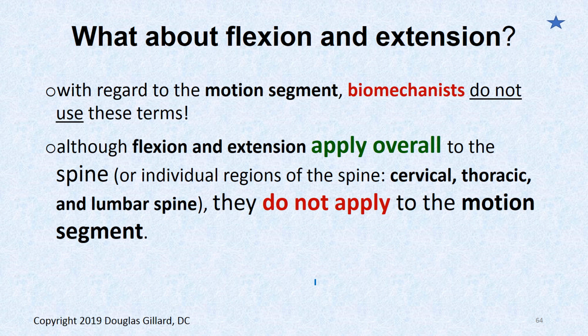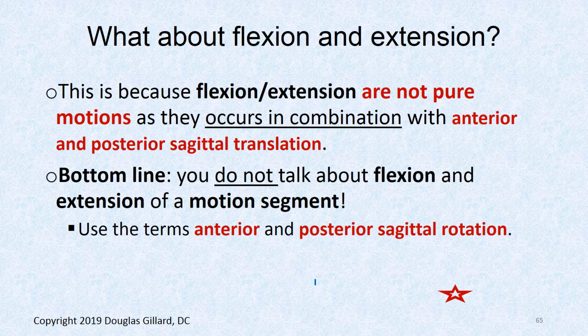Anterior sagittal rotation is flexion. Posterior sagittal rotation is extension. Why? Because flexion and extension are not pure motions, and they're a combination of many motion segments. So you shouldn't talk about a single motion segment as being flexed or extended. It's always sagittally rotated.